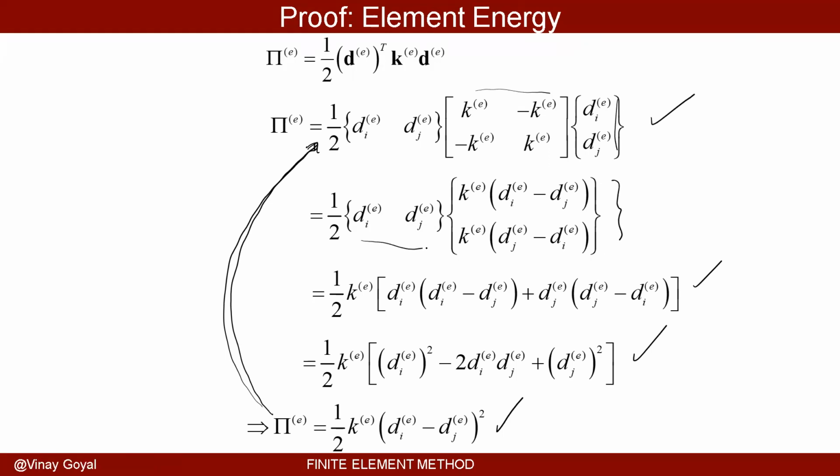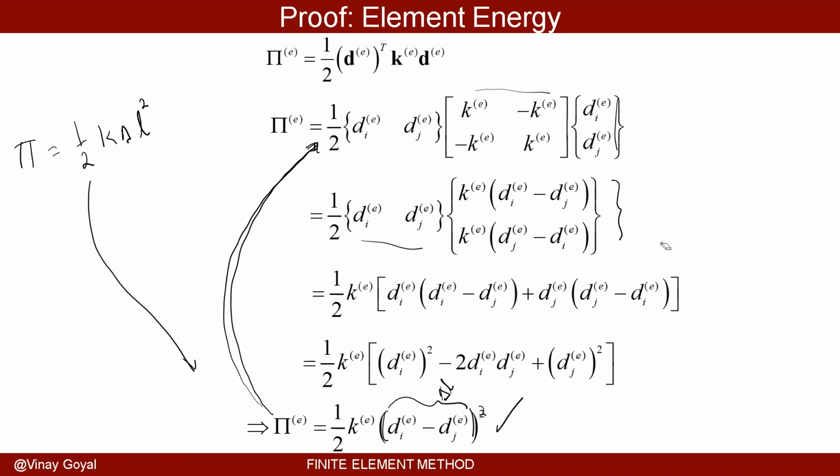Then multiply this vector times that, you get this. Then sum everything up, and then this becomes a square, which is the energy of a spring. We just said that pi equals 1/2 k delta L squared. This right here is delta L. So you can see that that's the derivation.